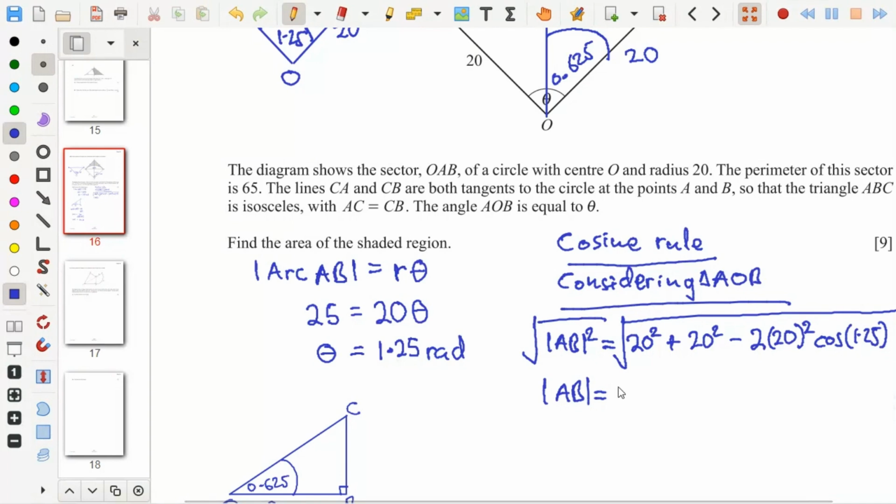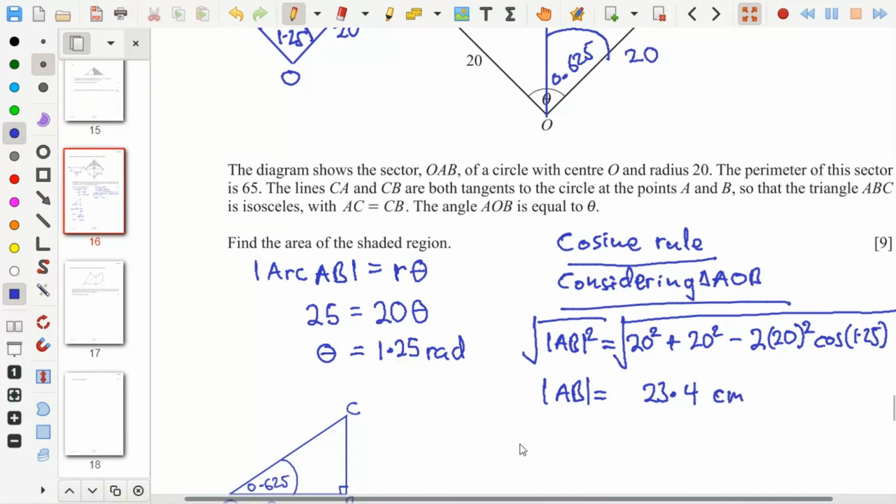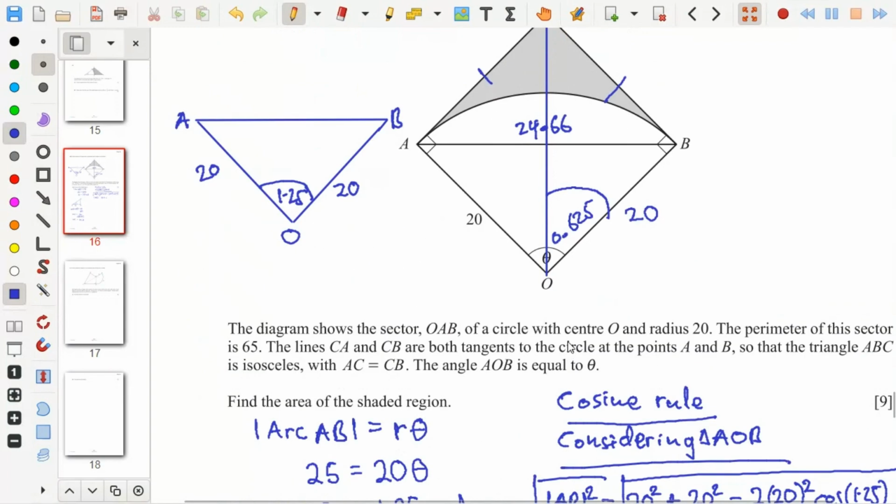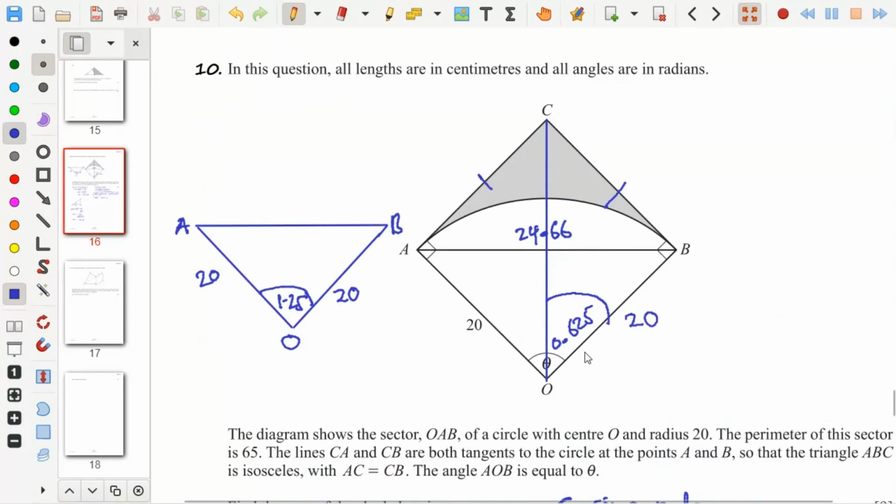So now let's calculate that and see what you get. I'm getting 23.4, which is the same as 23.4 for AB. So right now I can find the area of the kite.